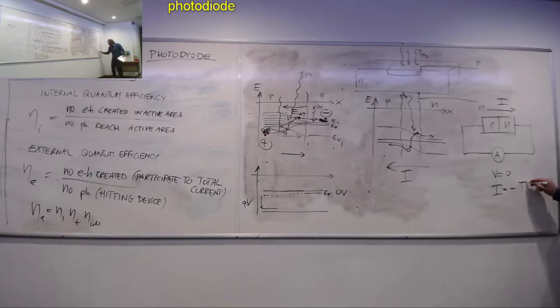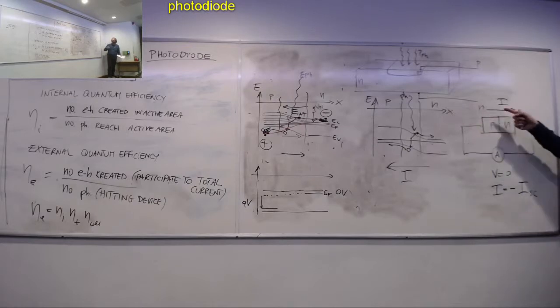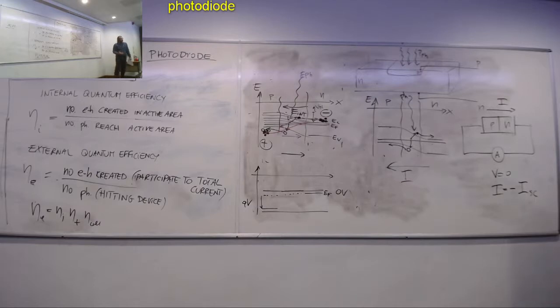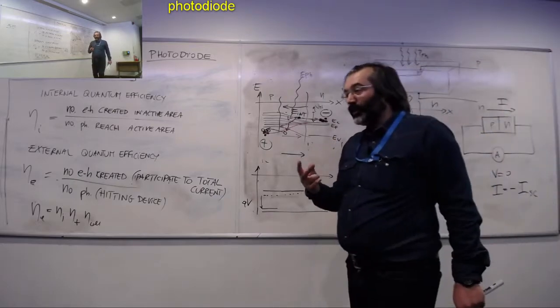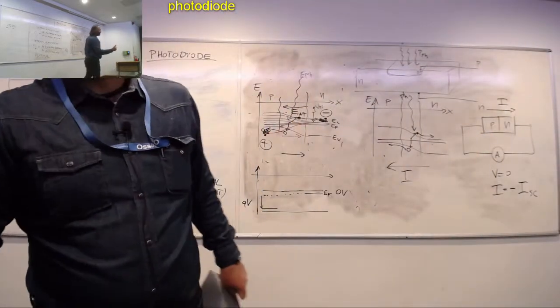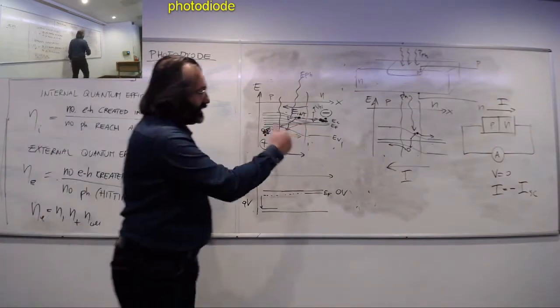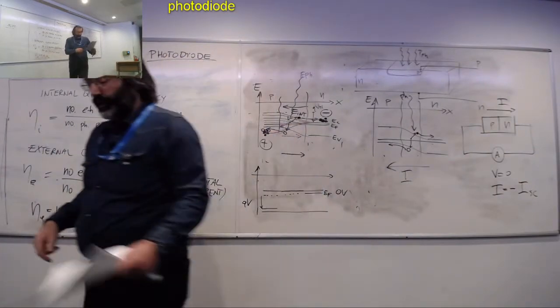We define it like that, minus ISC, and it goes opposite to this direction. So we have identified that in the photodiode there are two important concepts, the open circuit voltage and the short circuit current.